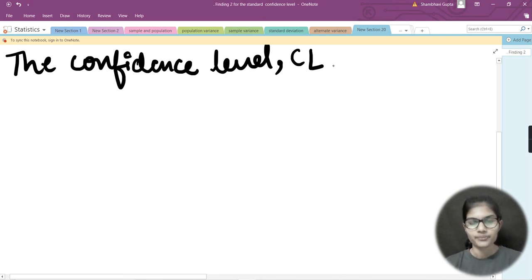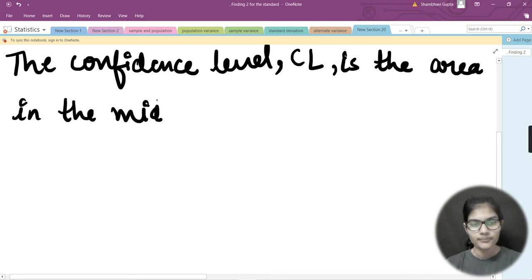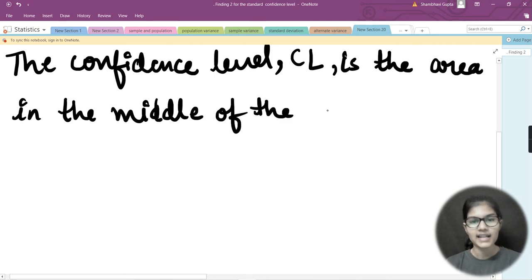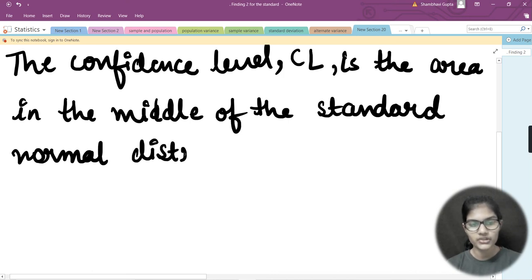Confidence level CL is the area in the middle of the standard normal distribution.